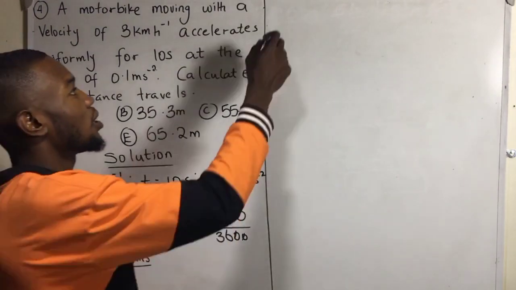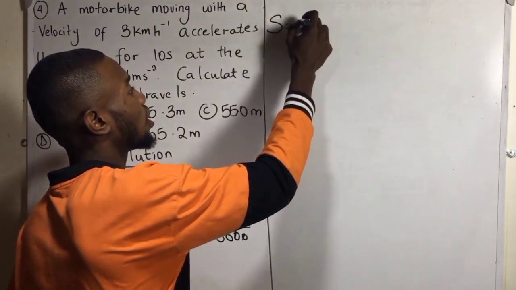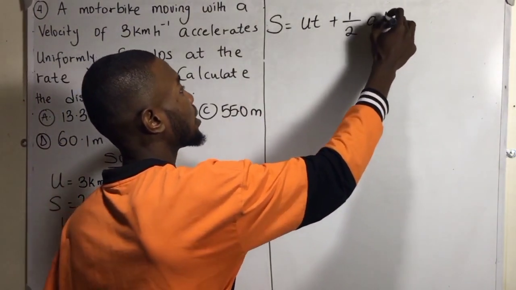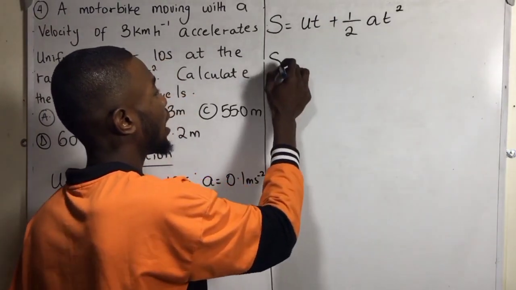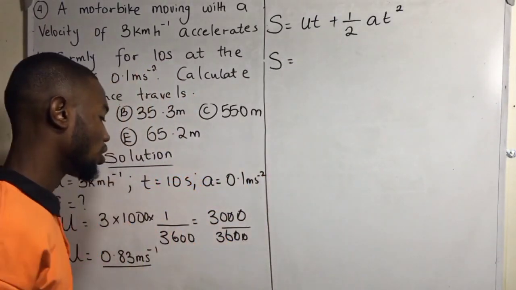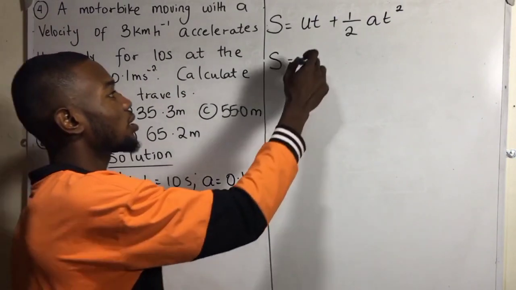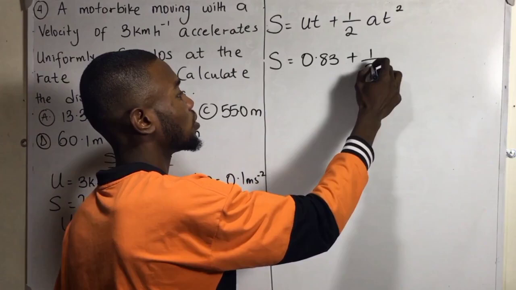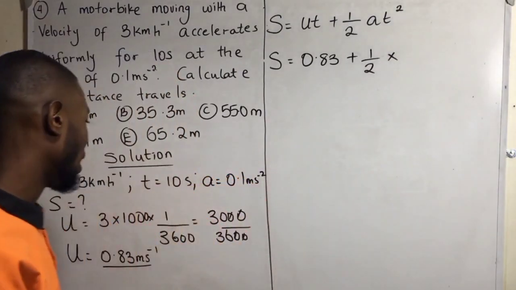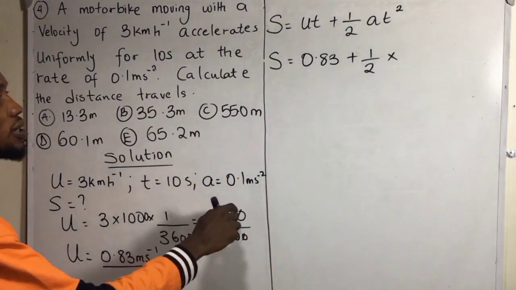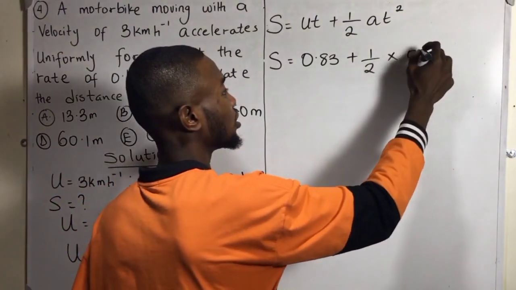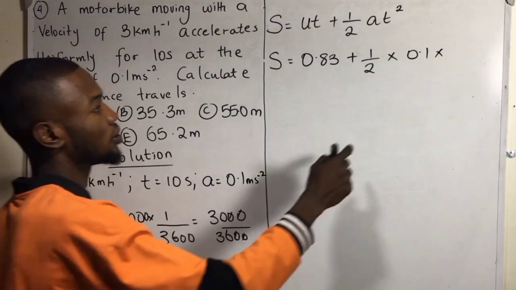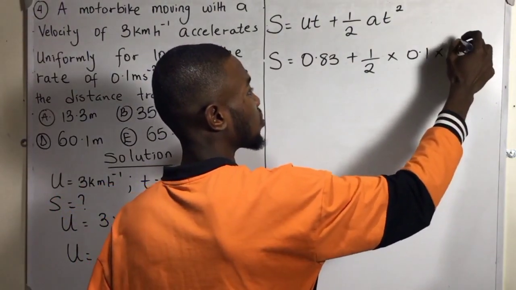Now let's input what we have into our equation, s equals ut plus 1 over 2 at squared. So we have s equal to, the initial velocity is 0.83, so we have 0.83 plus 1 over 2 multiplied by our acceleration given in the question, which is 0.1, multiplied by the time taken, 10 seconds, so we have 10 squared.